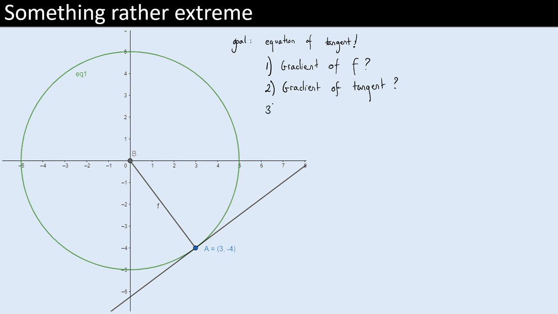And then my third hint, use A as your coordinate. Okay, that should get you through the problem. So I'm going to give you now another chance to pause. You've got 5 seconds.